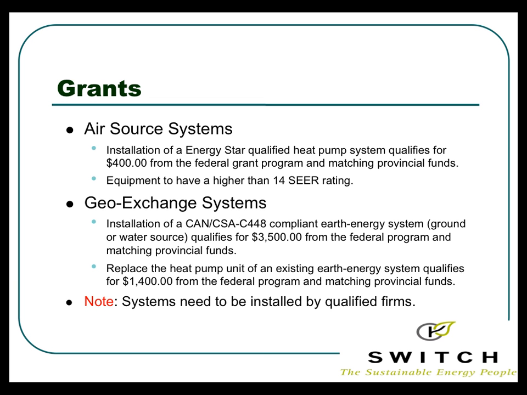If you already have a ground source heat pump system, it probably is an older system. So now with new technologies, we can get a more efficient system. So they'll provide you a grant of upwards of $1,400 on the federal side to replace that old system with a more efficient air condition or heat pump system. And you'll find the same thing in terms of just general air conditioning with the grants, is they want you to go to higher performing machines.